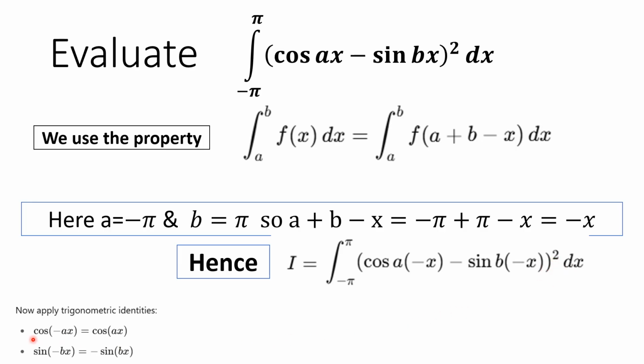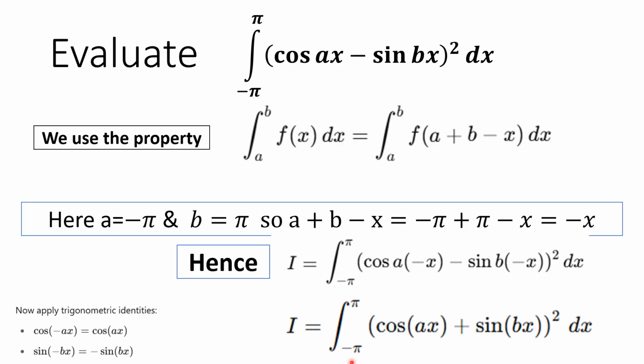Now let us apply the trigonometric identities, that is cos of minus theta is plus cos theta and sin of minus theta is minus sin theta. Therefore, cos of minus ax becomes plus cos ax and sin of minus bx becomes minus sin bx.